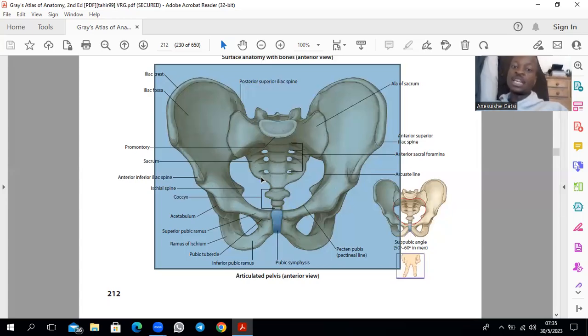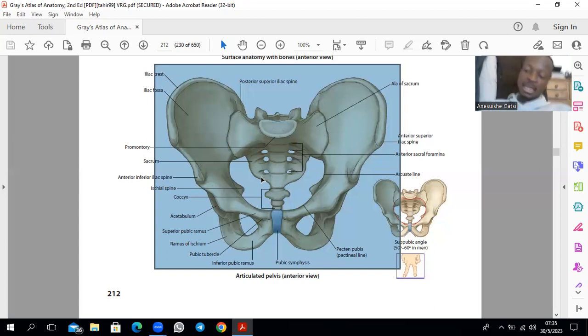In high assimilation, you have displacement of the joint superiorly. So the sacroiliac joint, instead of being a joint between the ilium and S1, is displaced superiorly to the lumbar vertebra. That's high assimilation. Then low assimilation is displaced inferiorly, for example, to S2, S3.